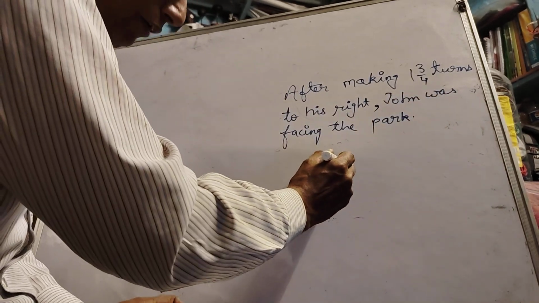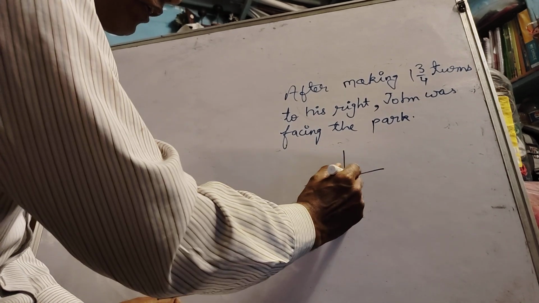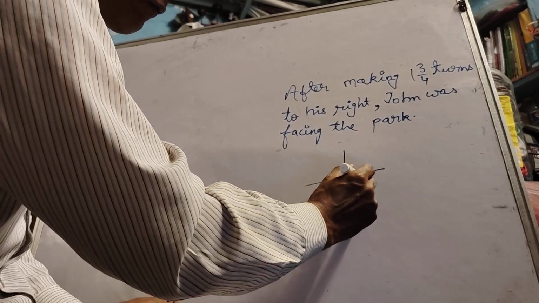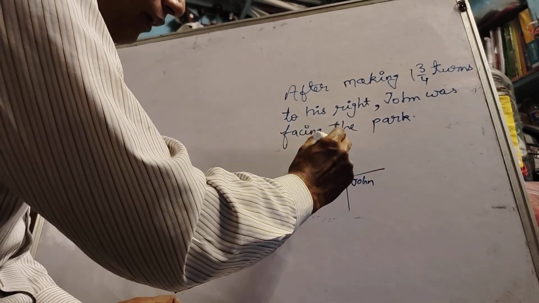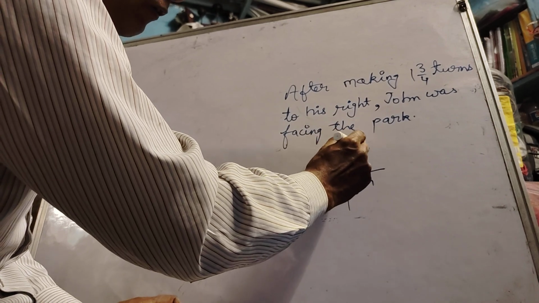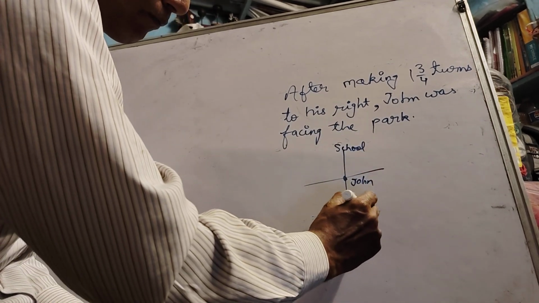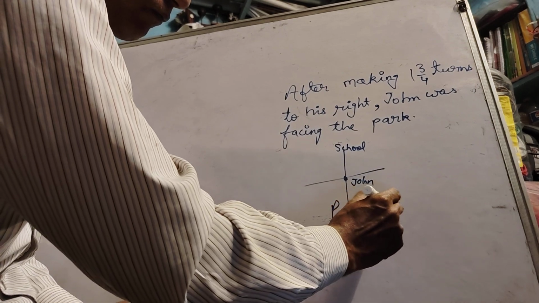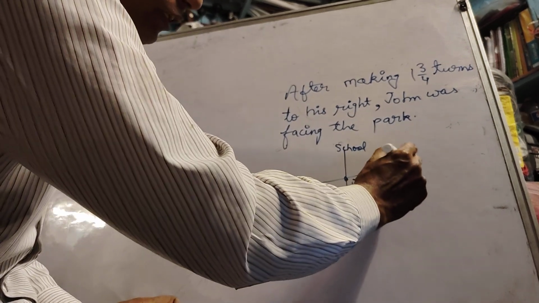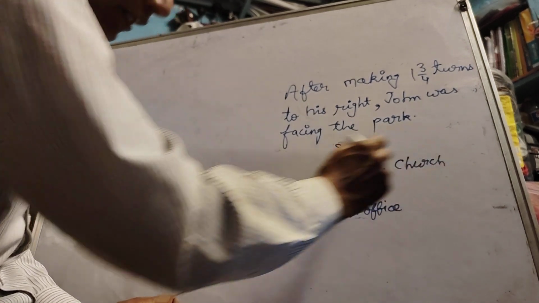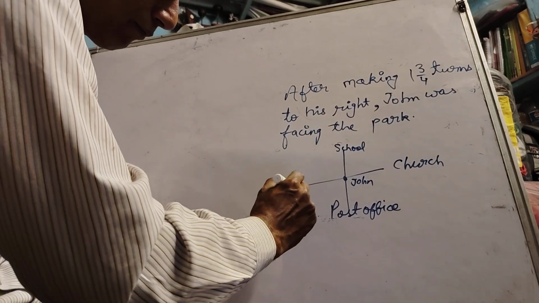So here is the picture given. Here is John at the center. On the top there is a school. On the bottom there is a post office. On one side there is a church. On the other side there is a park.